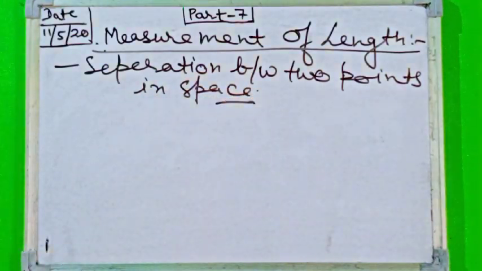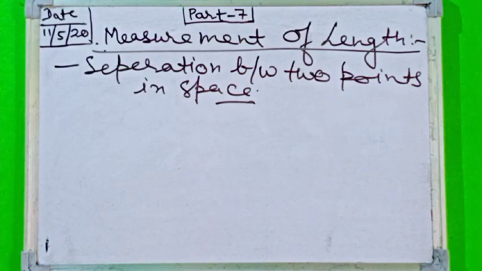Suppose there are 2 points marked in space; the shortest distance or shortest separation between these 2 points is called the length between them.